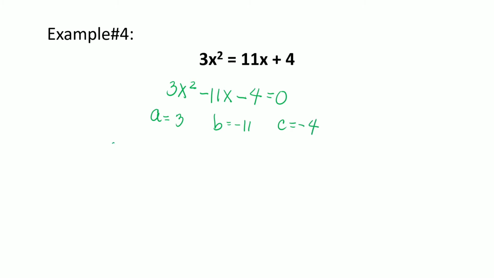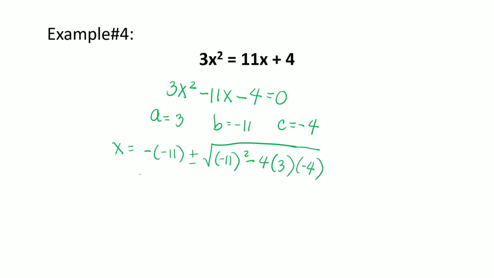Okay? So x is equal to negative of negative 11 plus minus the square root of b squared minus 4ac, 4 times 3 times negative 4, all over 2 times 3. Okay?